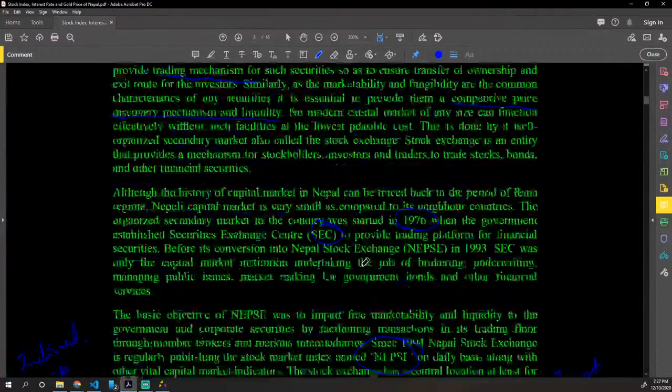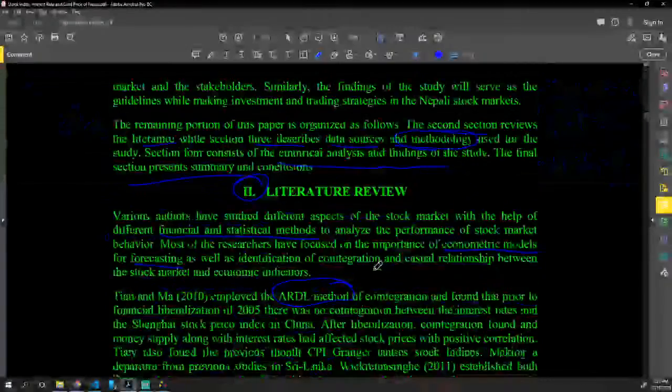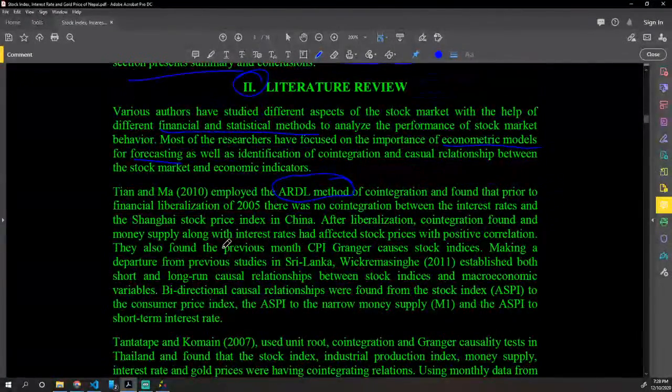Not ARDL. Okay, so Tian Ma in 2010 employed ADF model to study the co-integration and found that prior to financial liberalization of 2005. Okay, where are you talking about? Liberalization, because liberalization happened in Nepal around the 1990s, right? Liberalization. So there was no co-integration between interest rate and prior.